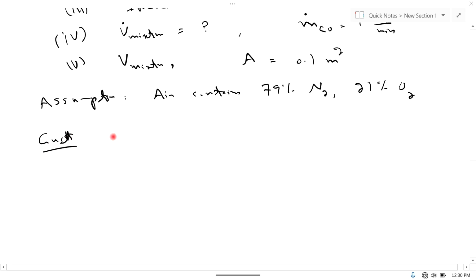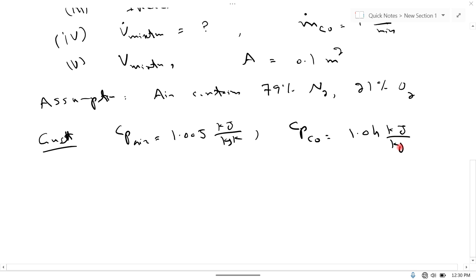So we know that Cp for air is equal to 1.005 kilojoule per kilogram per Kelvin, and Cp for carbon monoxide is equal to 1.04 kilojoule per kilogram per Kelvin.